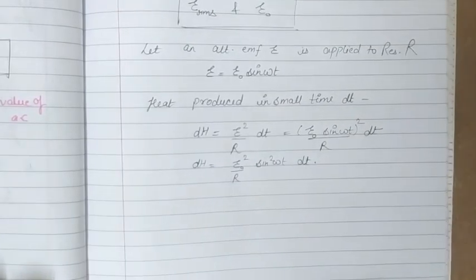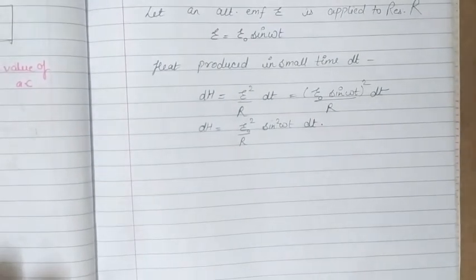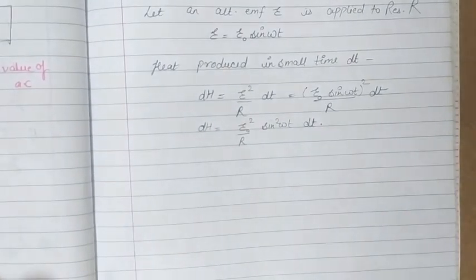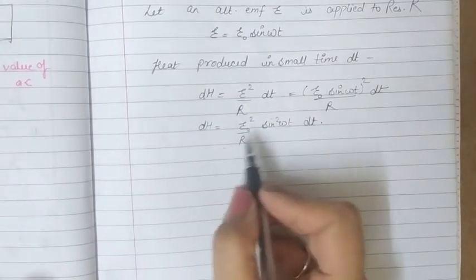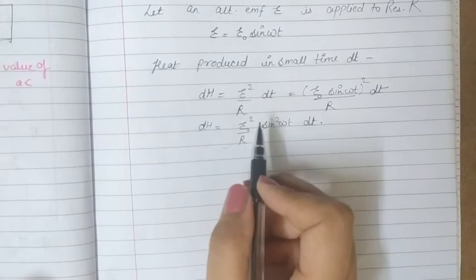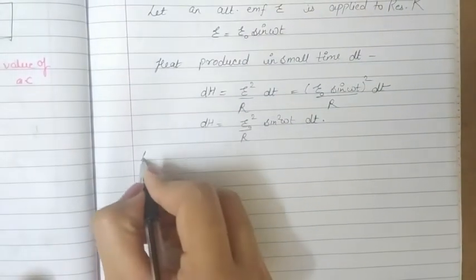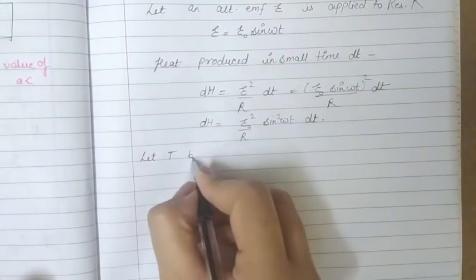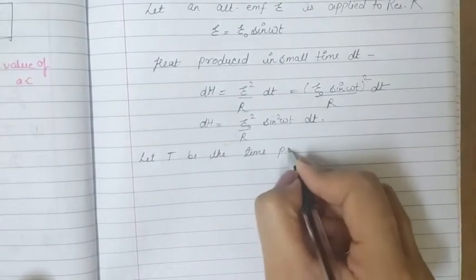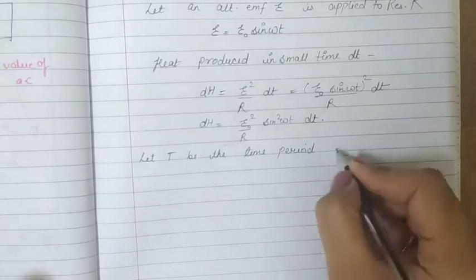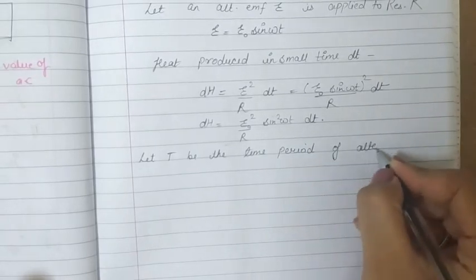Now to find the total heat produced in the time period capital T, we have to integrate dH within the limits of t from 0 to capital T. So let capital T be the time period of the alternating EMF.